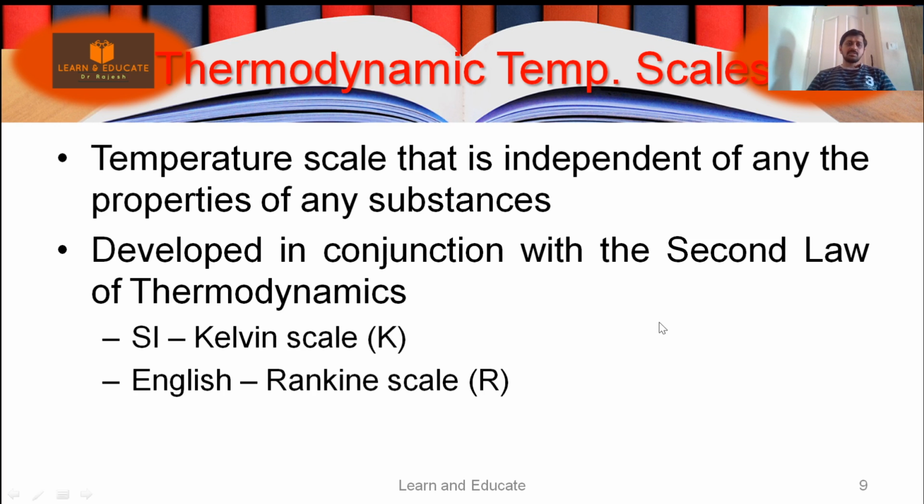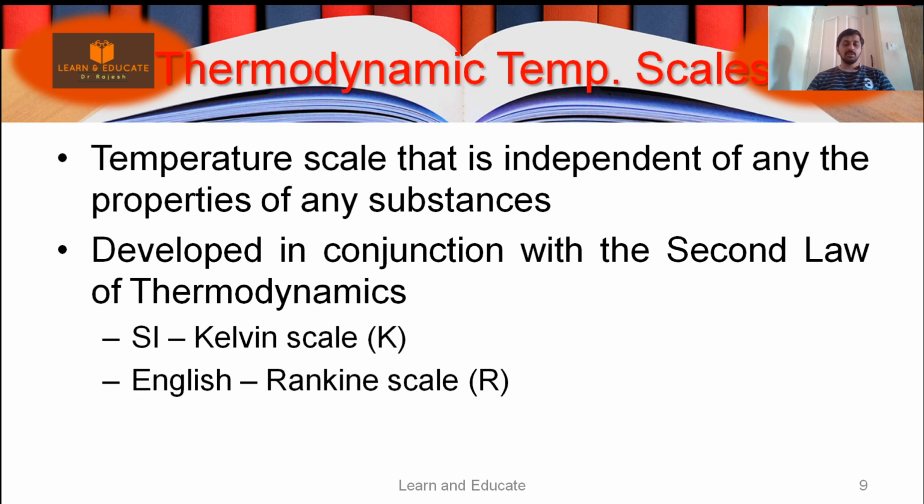Now, a temperature scale that is independent of any properties of a substance is a requirement. Thereby, the scientists developed, in conjunction with the second law of thermodynamics, which defines the transfer of heat from high temperature to low temperature or vice versa with the help of an external agency, a scale based on the second law, which relates heat with temperature, Q and T in thermodynamics.